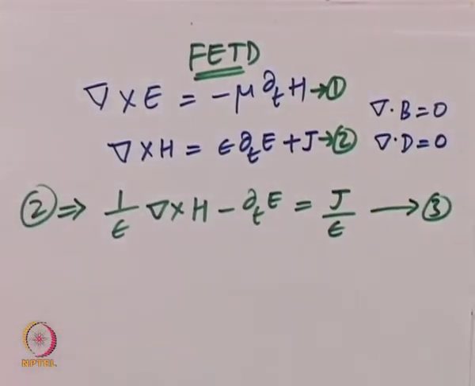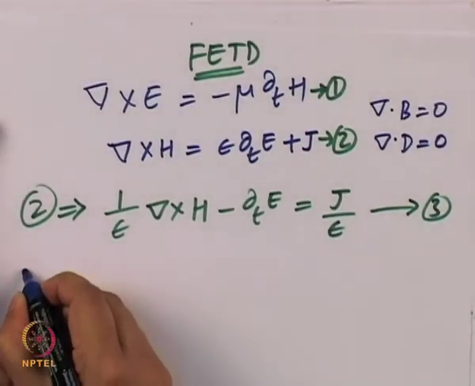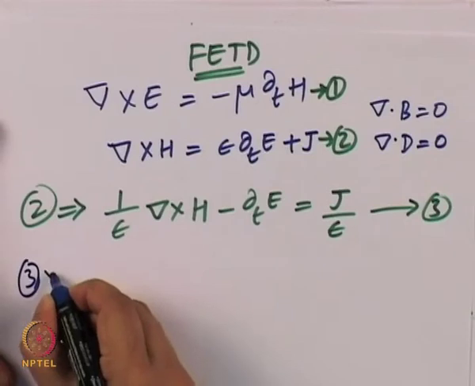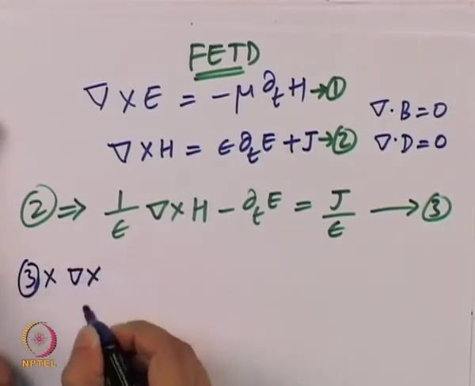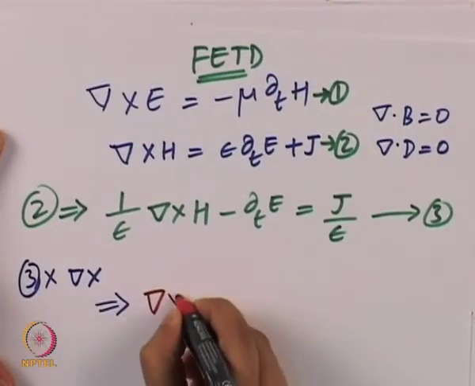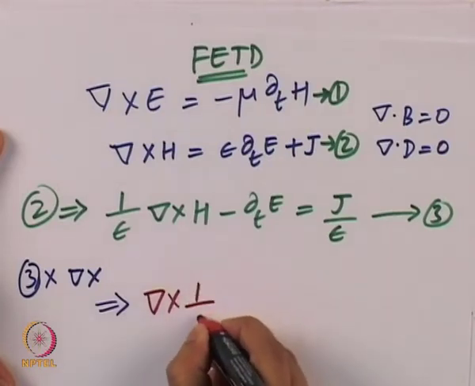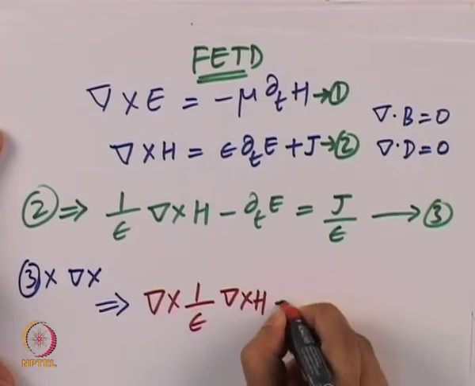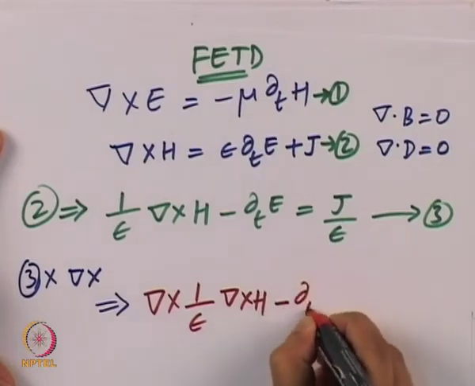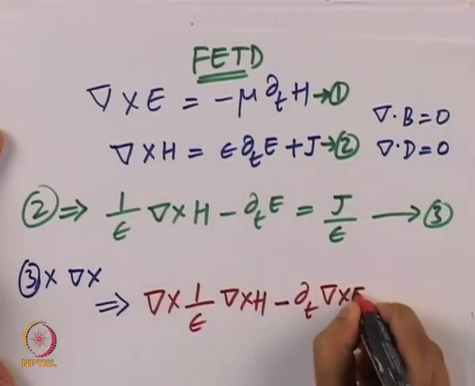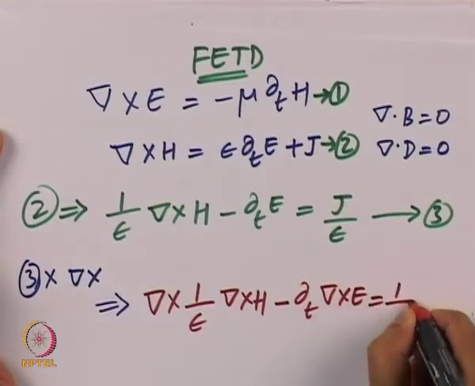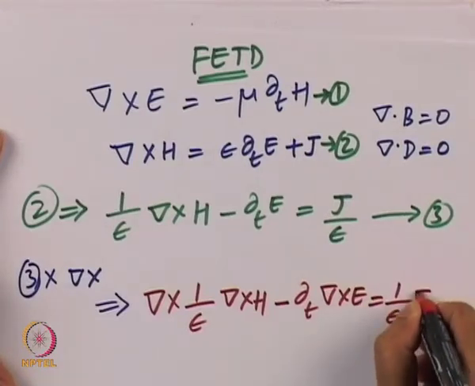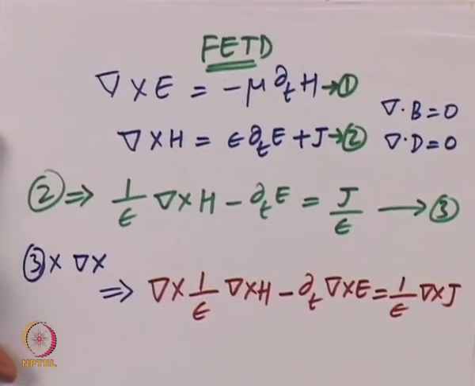So I am going to multiply equation 3 by curl. So curl of 1 by epsilon curl of H minus the second derivative of E is equal to 1 by epsilon curl of J.